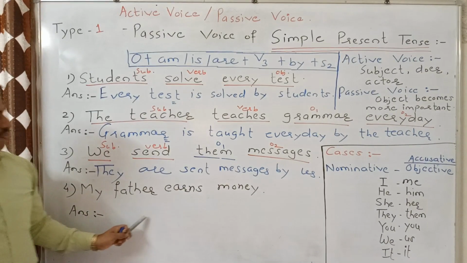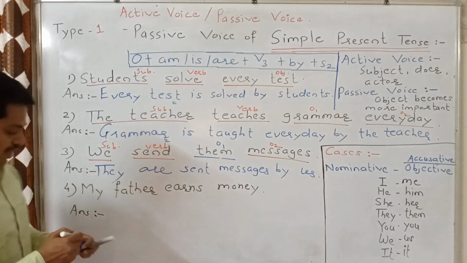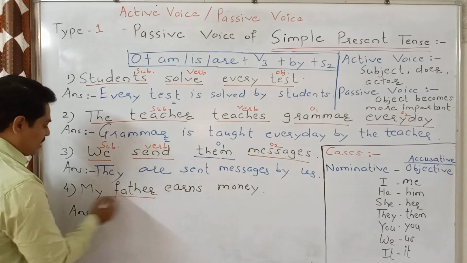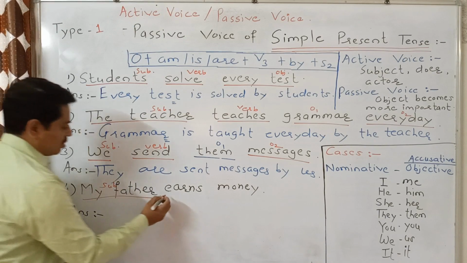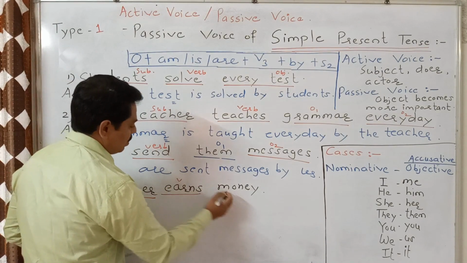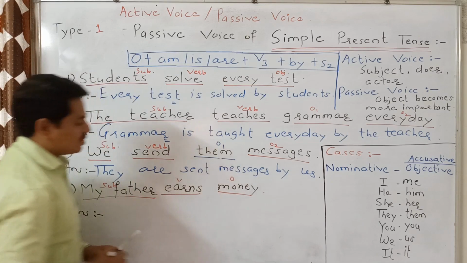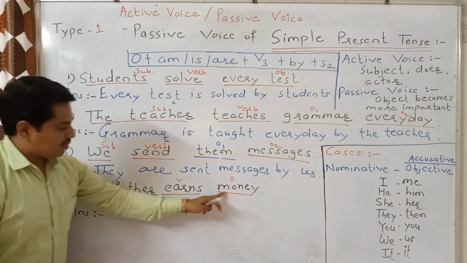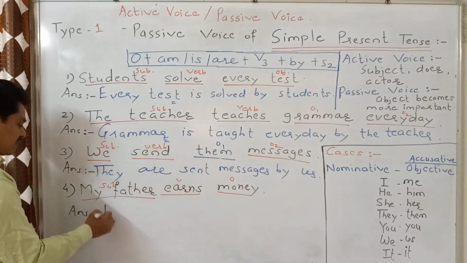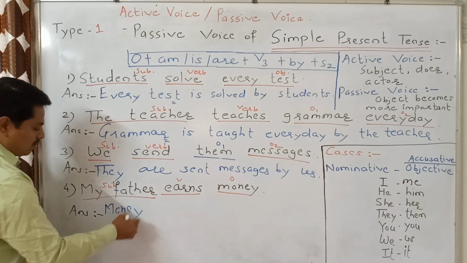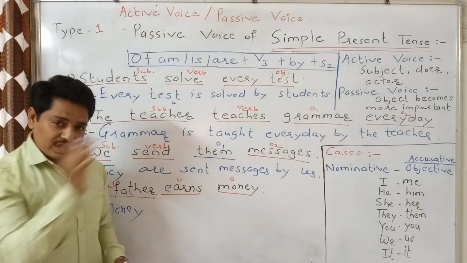Then: My father earns money. Here my father is the subject, earns is the verb, money is the object. So in the beginning we take the object. The object is money. Money is always singular.